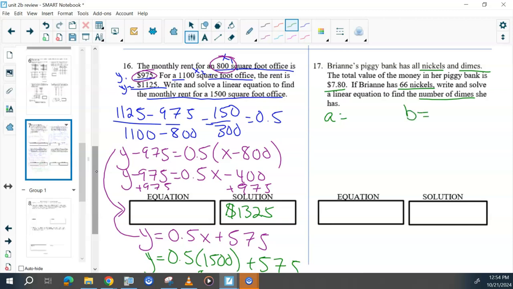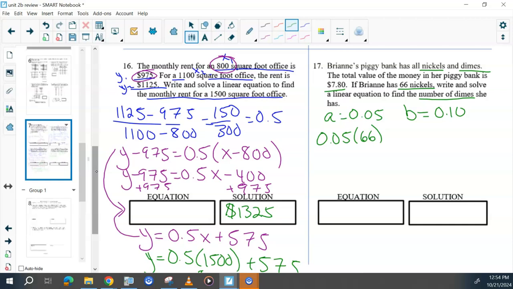And this is going to be in the format ax plus by equals c. So let's say I make the nickels a, so that would be 0.05, and the dimes b, so 0.10. Then anything related to nickels would be x and then y for the dimes. So this would be 0.05. I have 66 nickels, so I'm going to multiply those together.